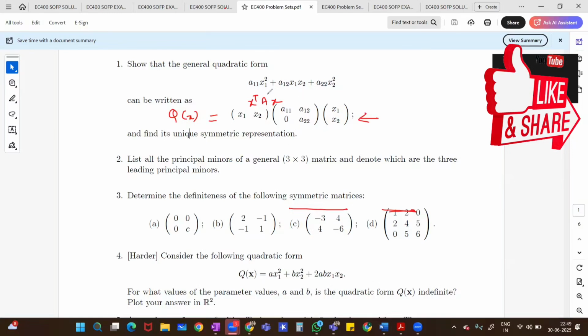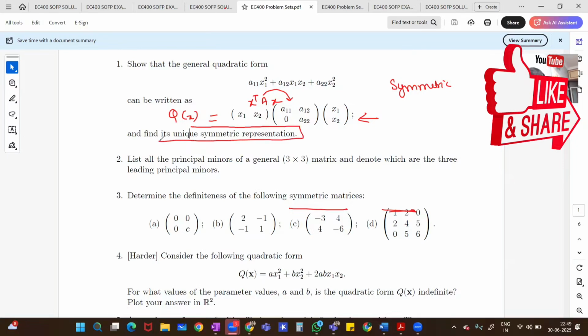But can you see here the 2 by 2 matrix which they have given, is this symmetric? No, it's not symmetric. No.